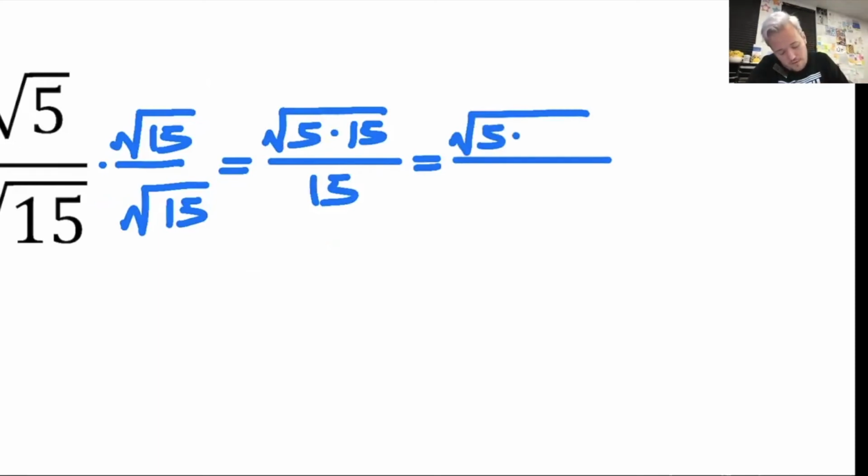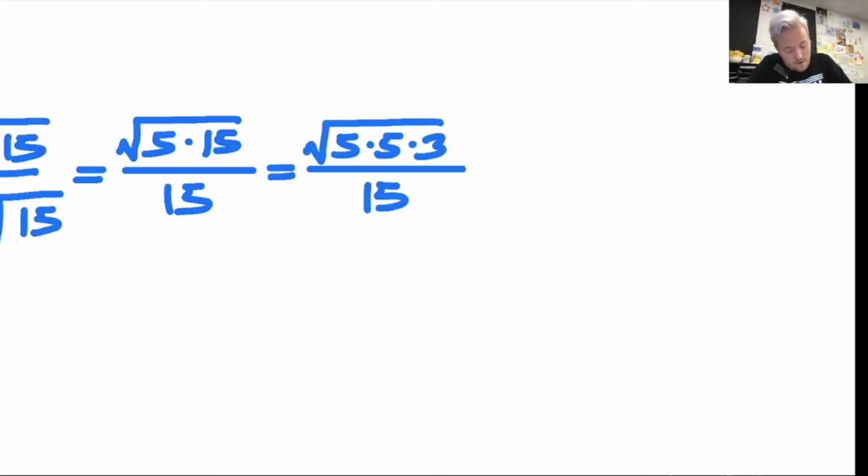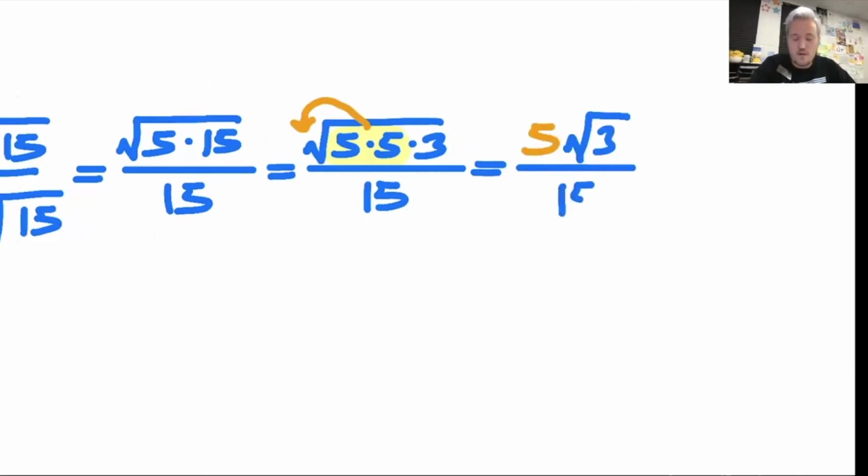So 5 times 3, all over 15. Then I have a pair of 5s, and that pair of 5s is going to come outside. So what I'm going to have is 5 square root of 3 over 15.